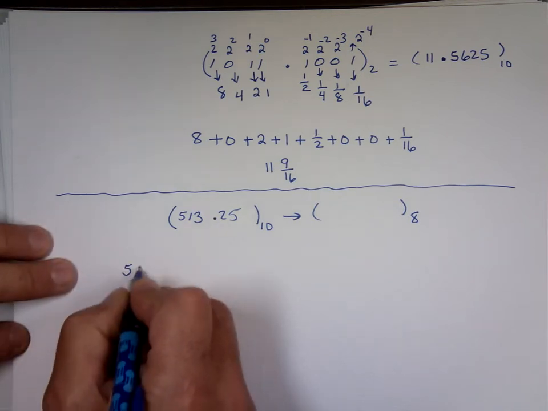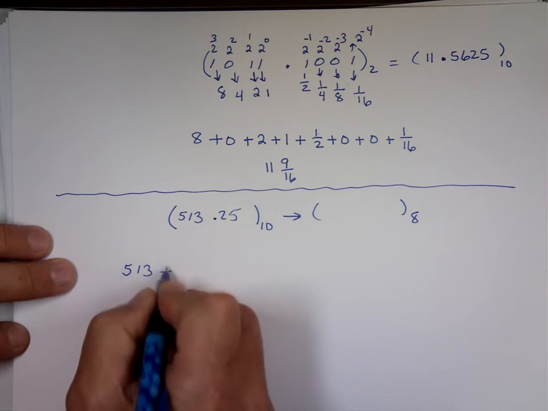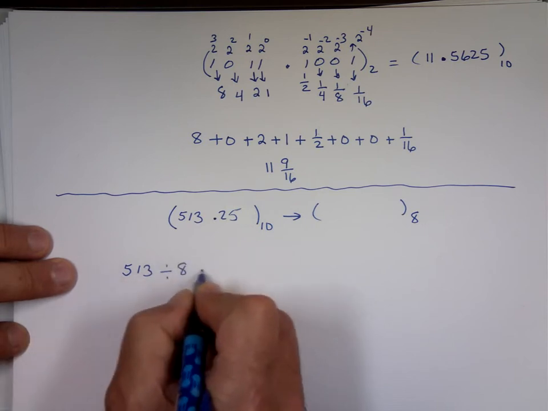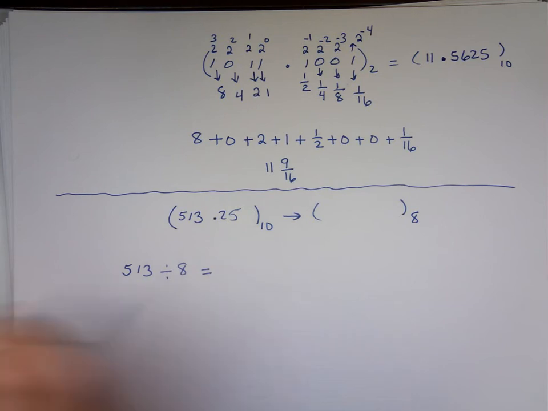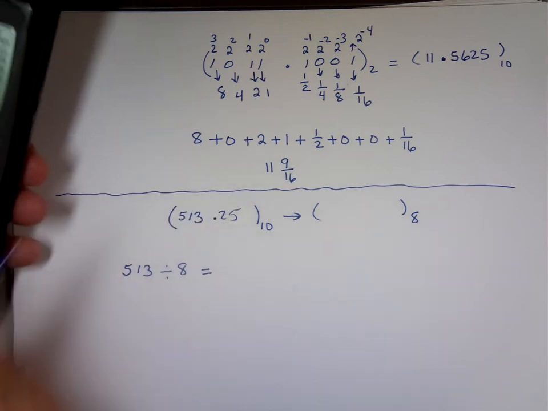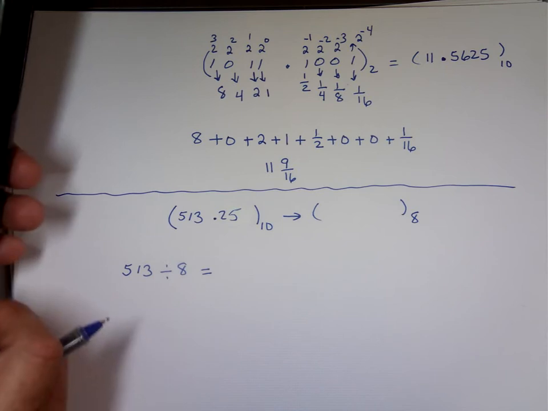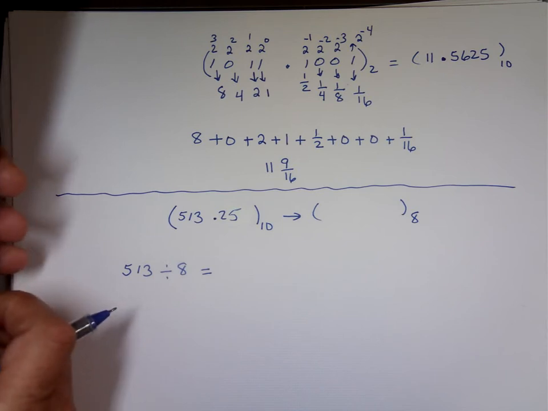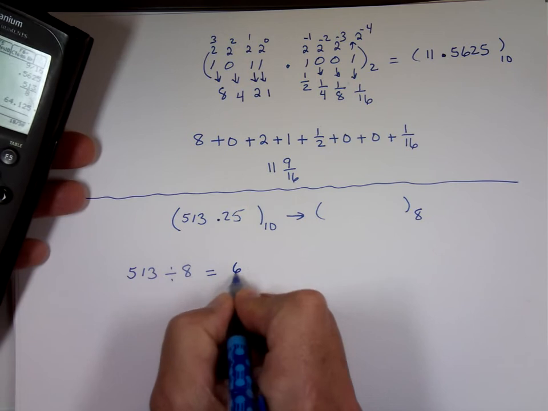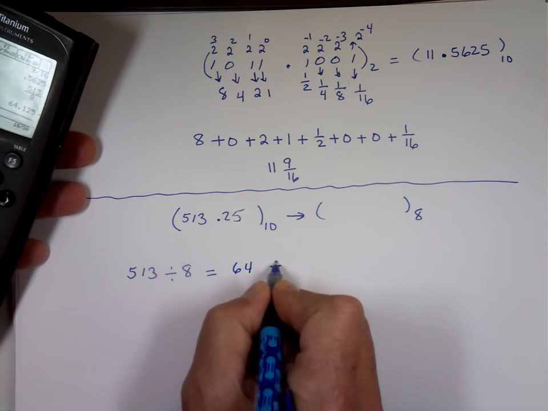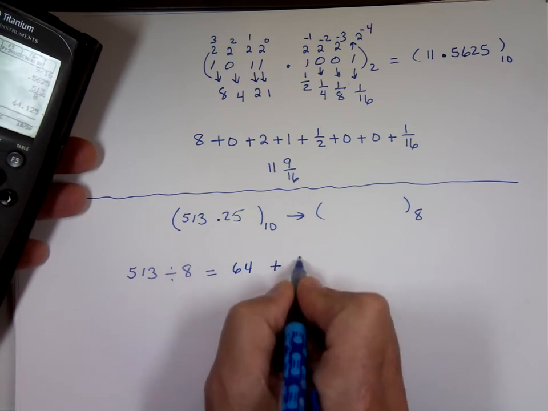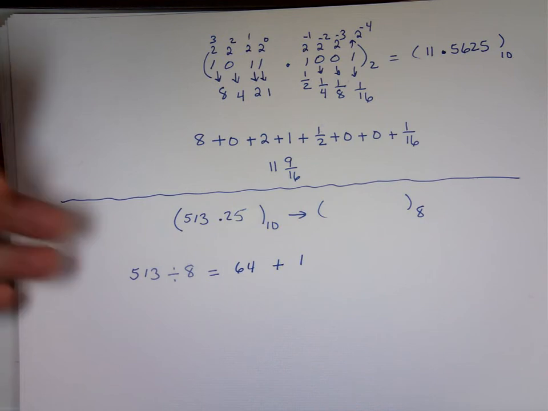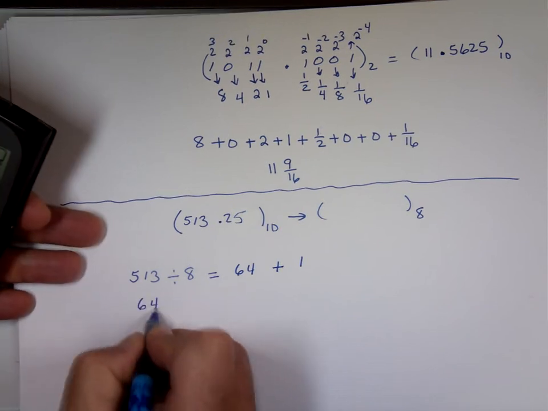513 divided by 8. Is it 64? Plus, what's the remainder? 1, right? 64 divided by 8.